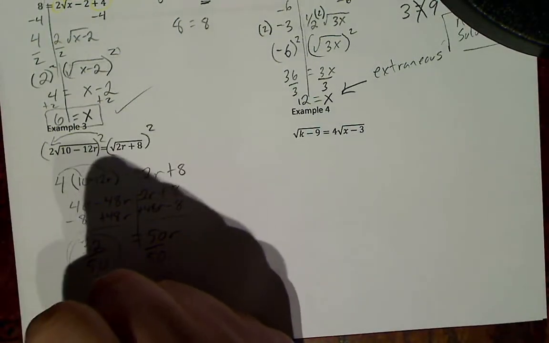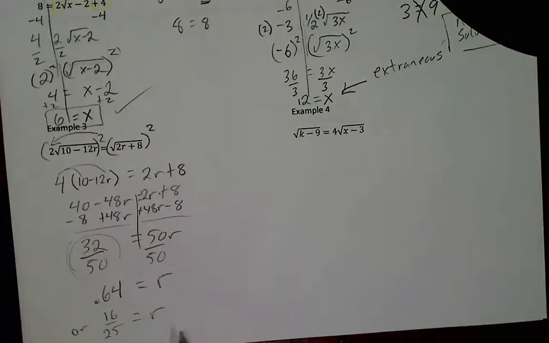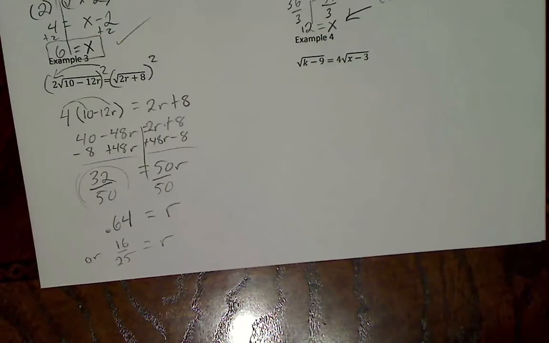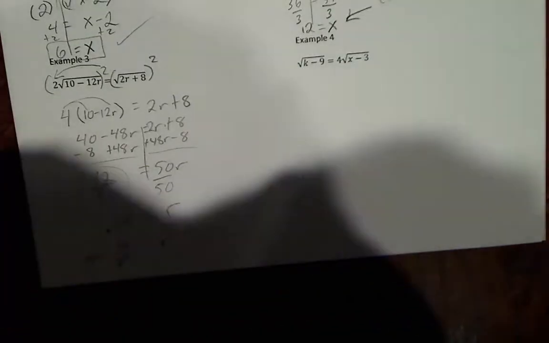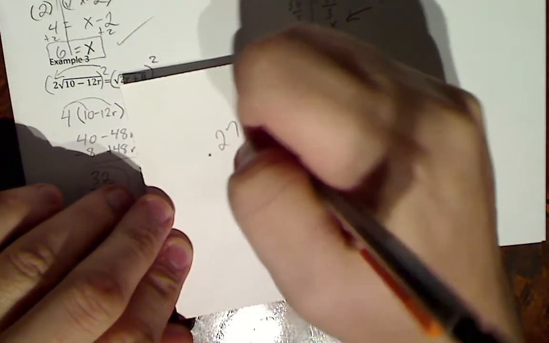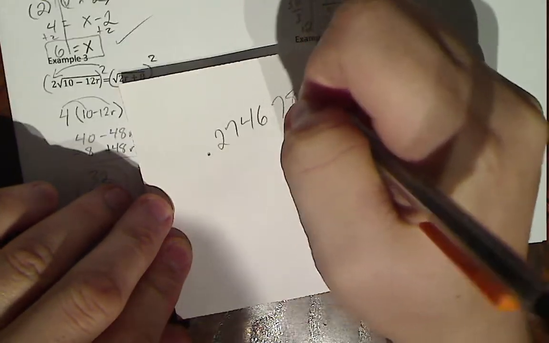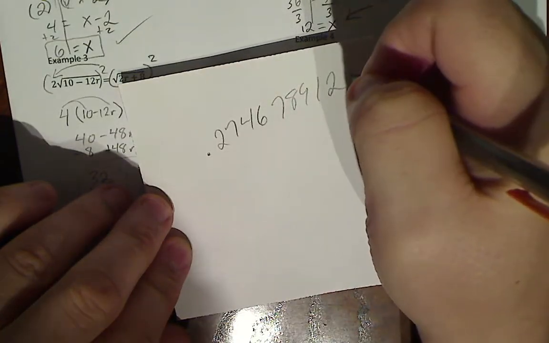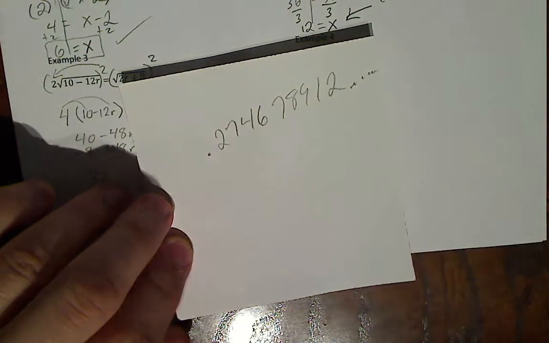Or 16 over 25. And I'm going to tell you this. The reason why you want a fraction is because you want to avoid irrational numbers if possible. And if you don't remember what an irrational number is, essentially if I had a number that was 0.274678912, I could keep going on and on and on.